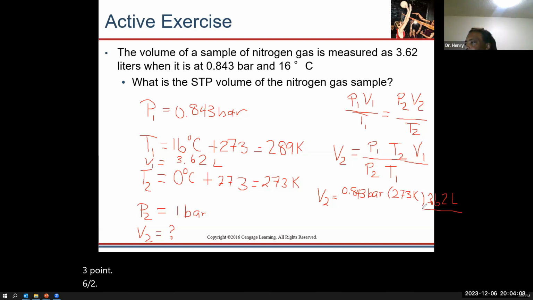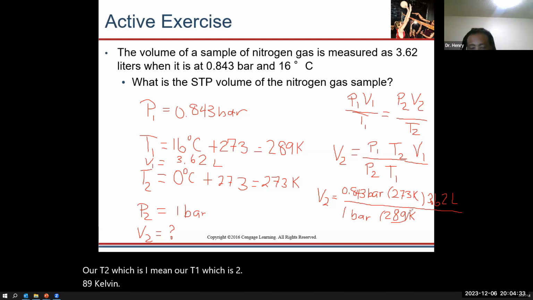Then we're going to divide that by 1 bar times our T1, which is 289 Kelvin.